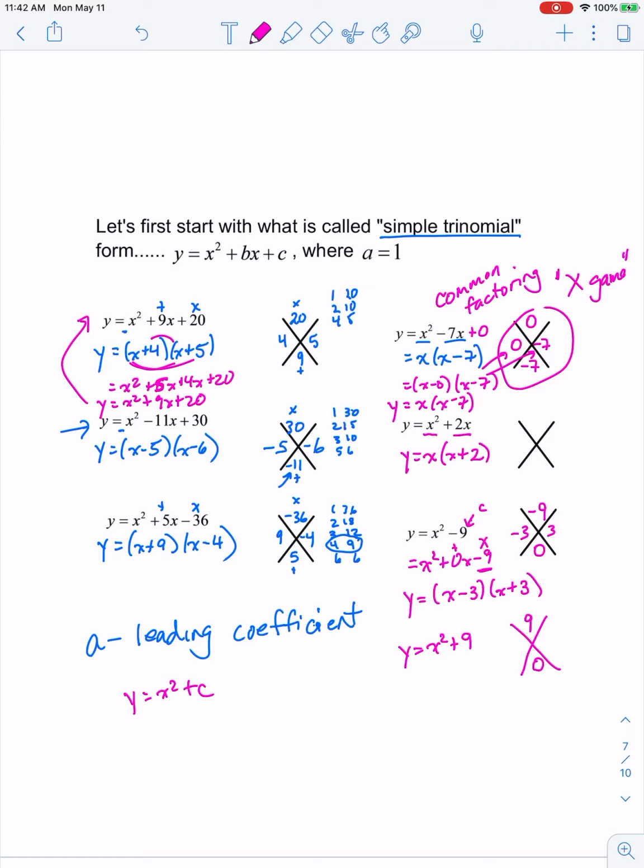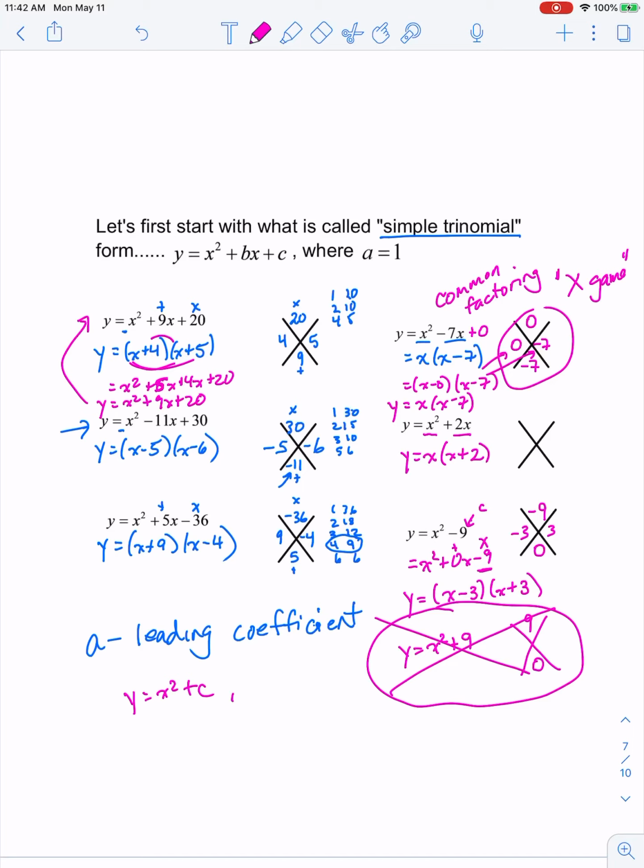The only way two numbers can add to give you 0 is if they're the same number, but one is positive and one is negative. Well, the only way you can have two numbers where one is positive and one is negative multiply together is if they multiply to give you a negative. This kind of question is not factorable. You cannot factor that.